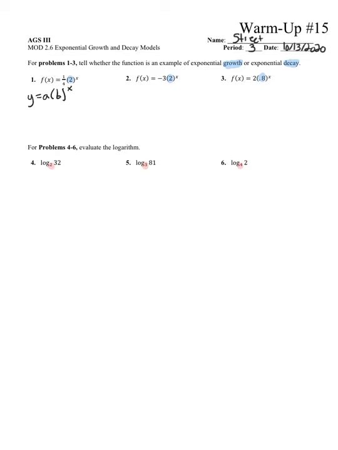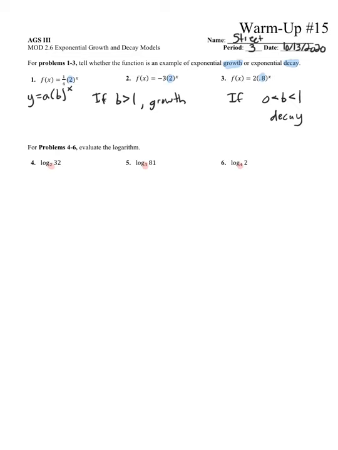And we said if the b value is bigger than 1, then we're talking about exponential growth. And then we said if the b value is between 0 and 1, then we're talking about decay. And then if the b value is negative, it just doesn't work. That's what we talked about.